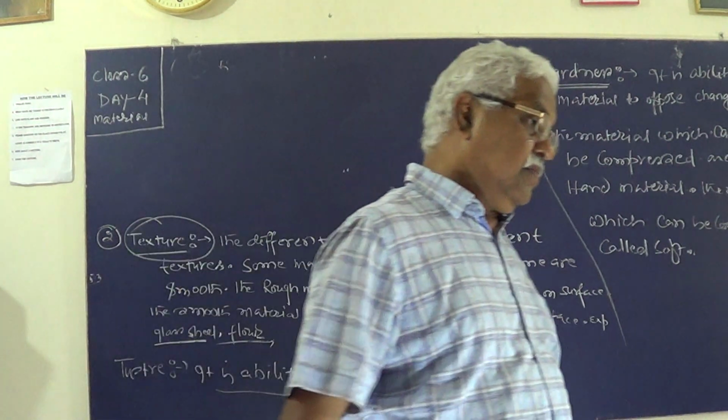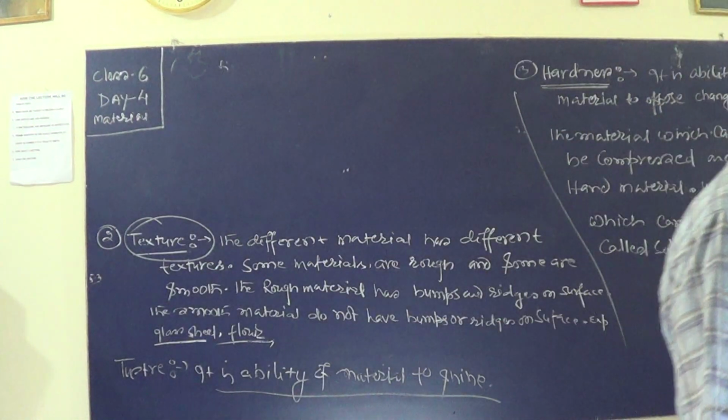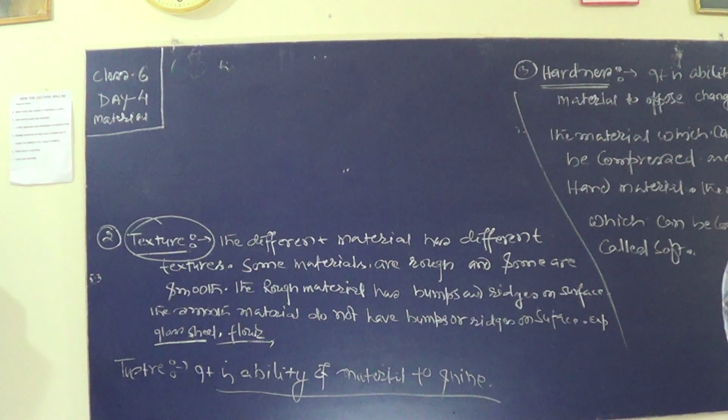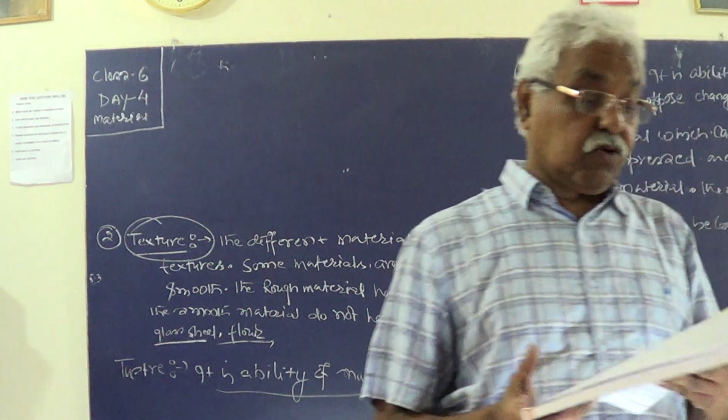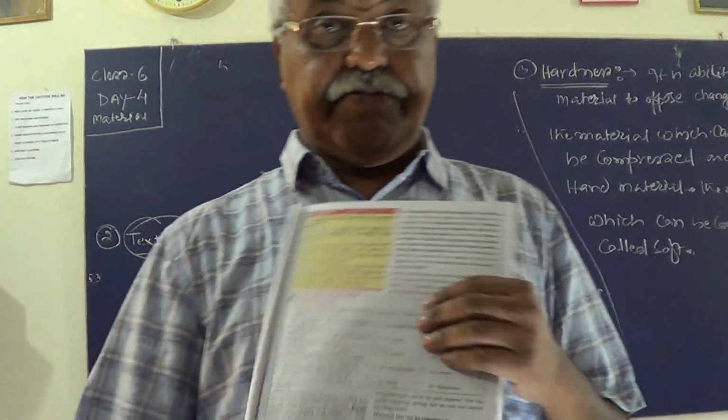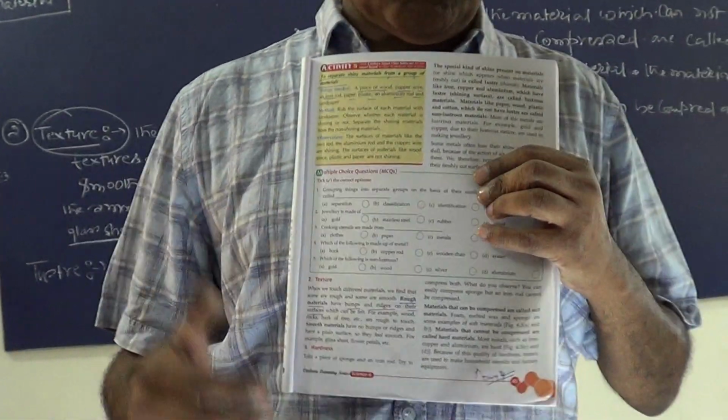Now, children, let me discuss a few questions related to that. Now take questions 1 to 5. Take the photographs. You cannot turn it here. Can you turn it?